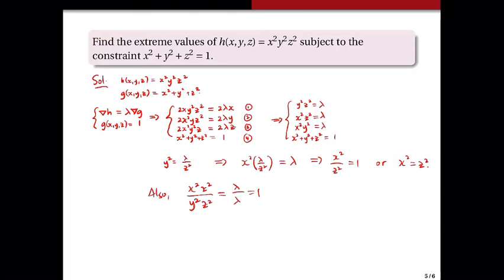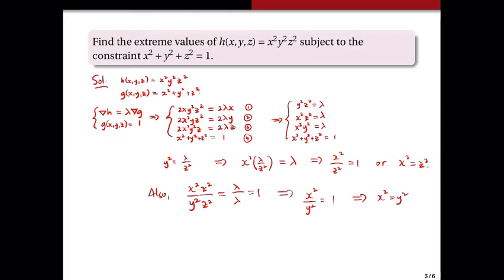This gives me x squared over y squared equals 1, which tells me that x squared equals y squared. So x squared equals y squared, which also equals z squared.